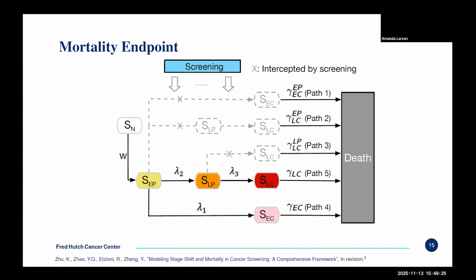First question. I see lambda 1, lambda 2 and lambda 3. Does the screening change the values of those parameters? What's the effect of screening? Screening does not change these parameters. These are related to disease characteristics. Screening is the sensitivity of those tests, the screening test characteristics.